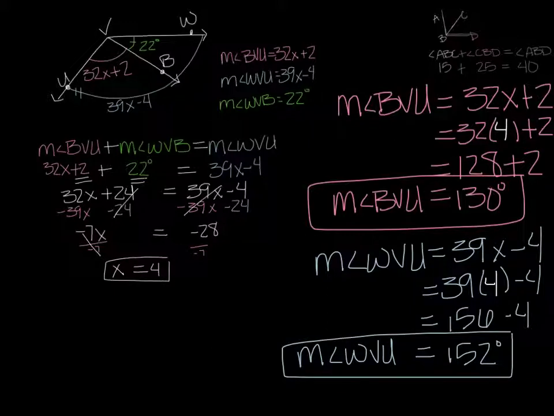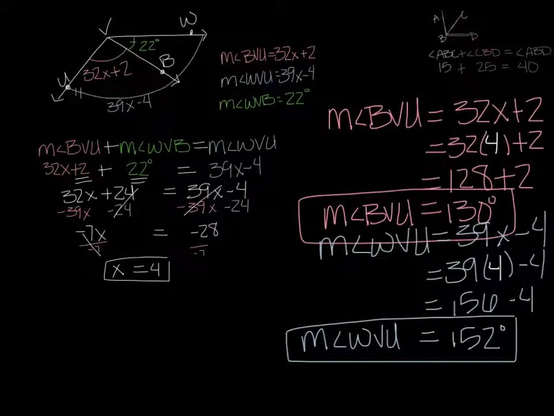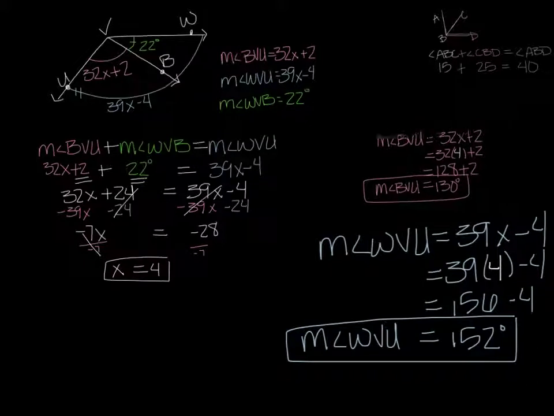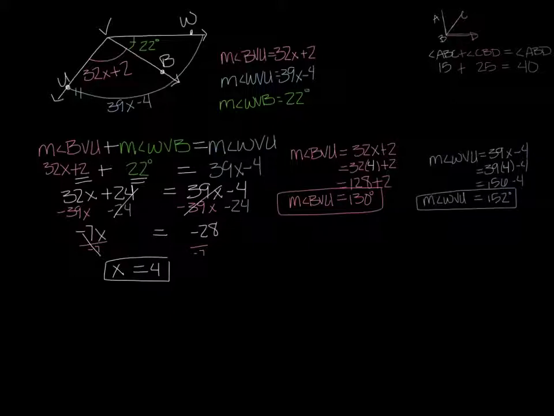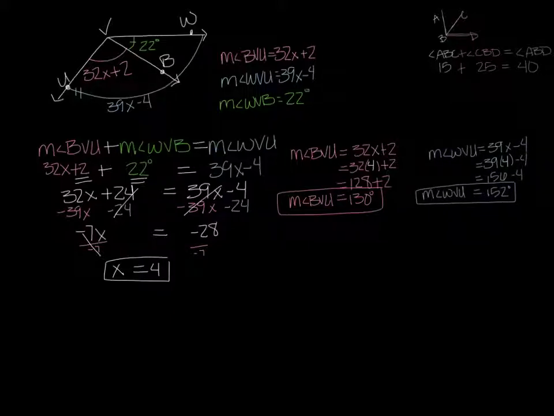Now we just need to check our work. Make sure that we've worked things through adequately here. So we're going to take all of our statements and just make sure that they work.